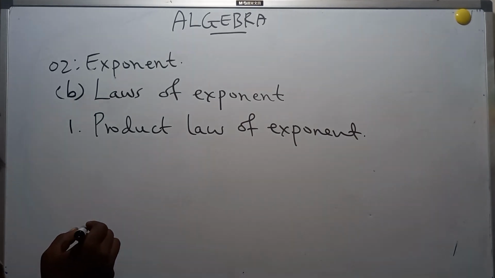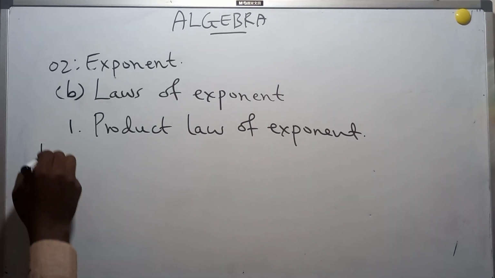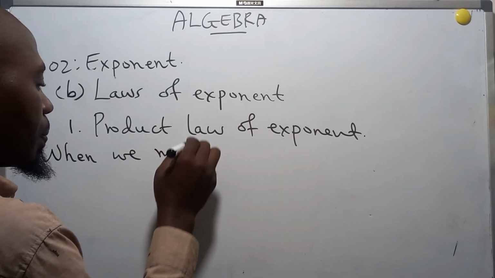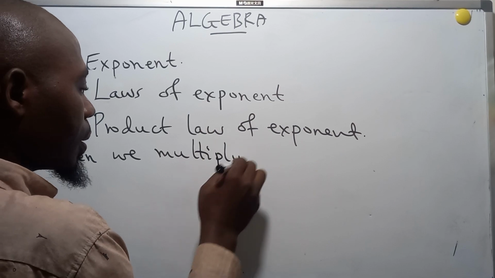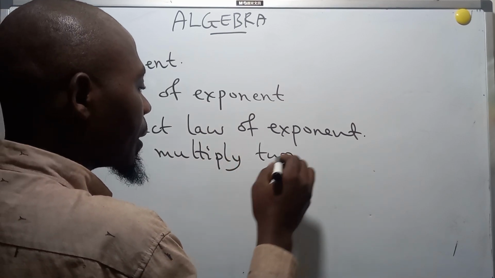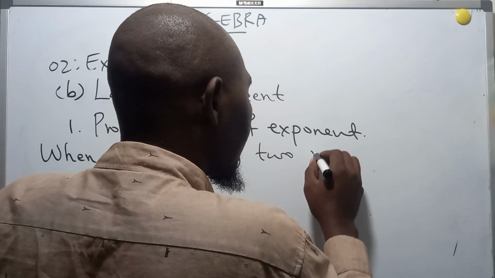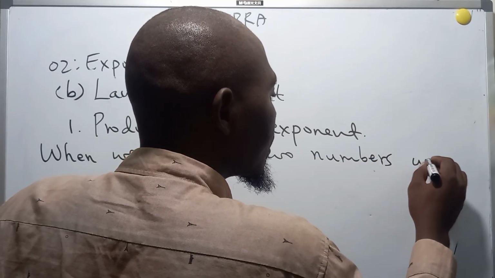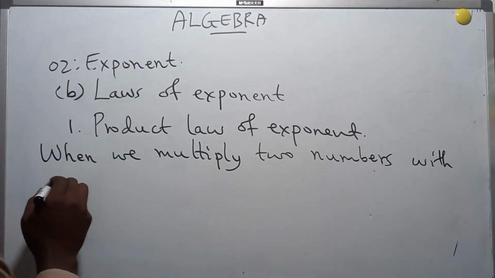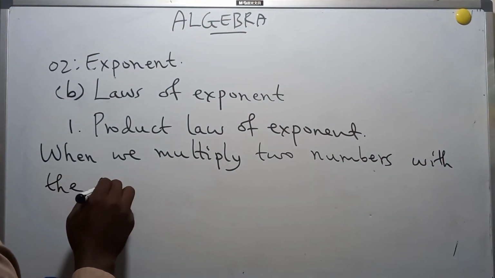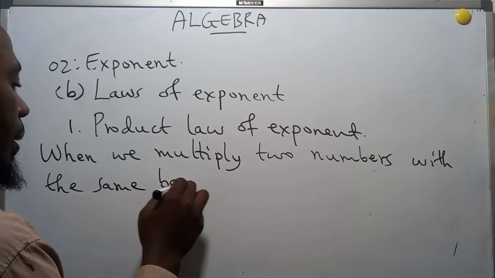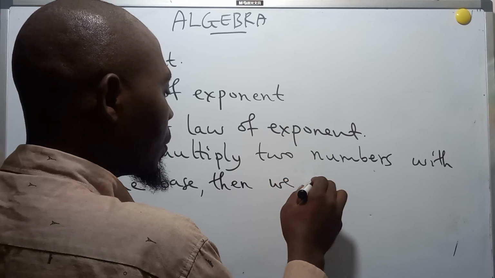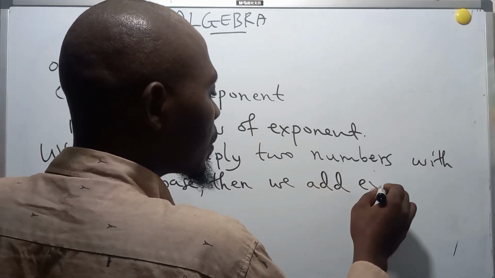According to product law of exponent, when we multiply two numbers with the same base, then we add exponents.